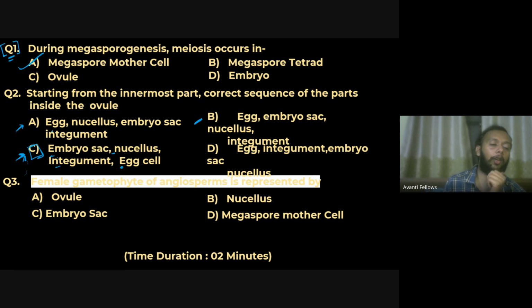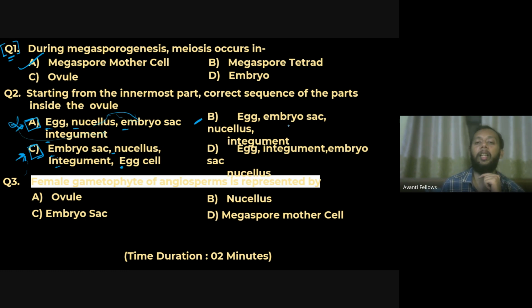Now, you have an egg, a nucellus, an embryo sac, and then an integument. So this looks much more appropriate, but again, the embryo sac should have been before the nucellus. So that is why it will also not be the answer.